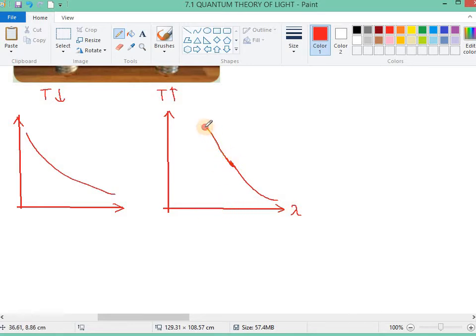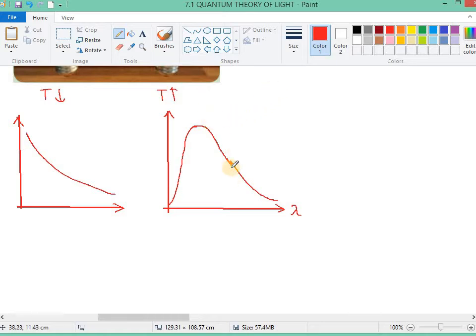But when the frequency goes over a certain threshold, near the ultraviolet frequency, they find that the energy drops drastically.